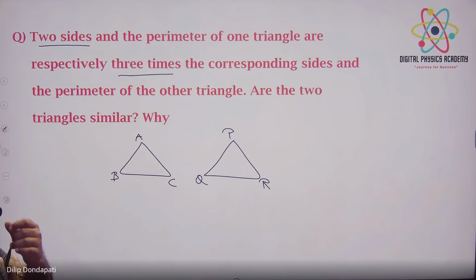Right. They are similar. Okay, we'll see. Why are they similar? Because the two sides and the perimeter of both triangles are in a ratio of 1:3. Okay.